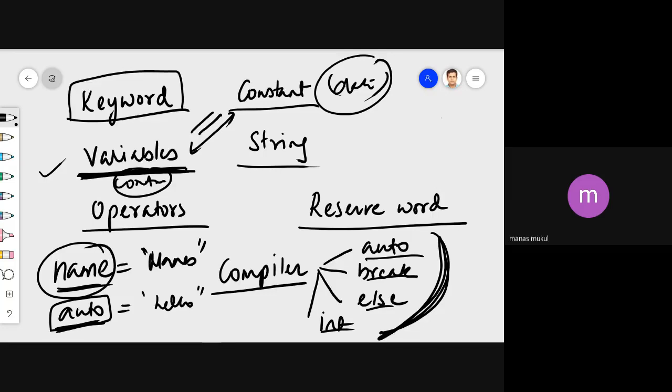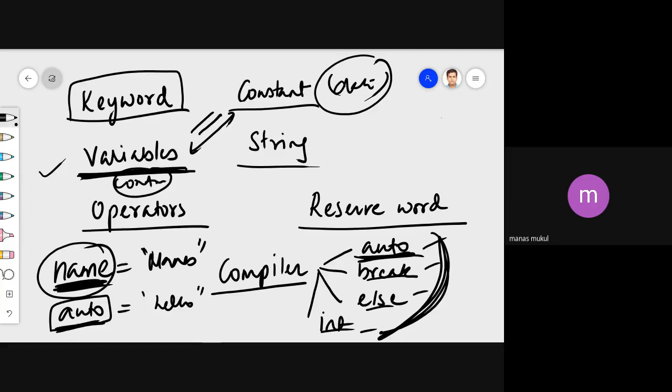So when the compiler has defined a specific purpose for this, it cannot be used for our variables. Each of these has got some functionality. It may not have a functionality as such, but it may have a meaning. It may have a specific instruction. A specific instruction and a functionality may be different. An instruction may be do this.